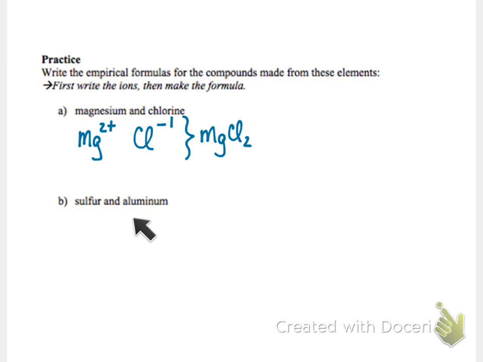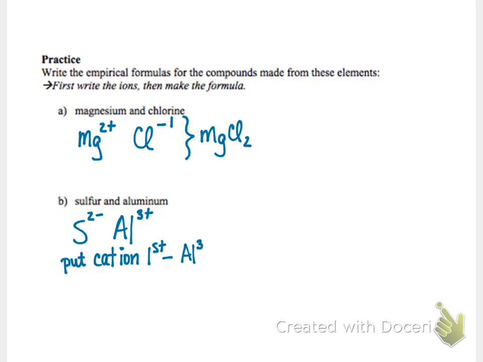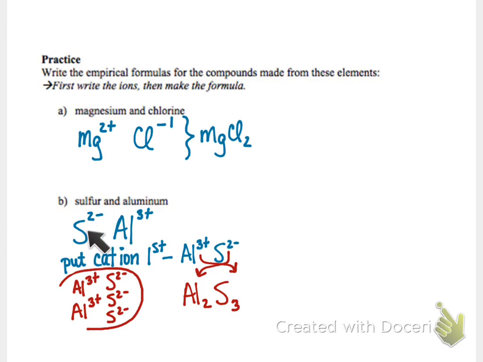Okay, sulfur and aluminum, a little bit different. I did something a little bit different here. First, find sulfur and aluminum on the periodic table. So sulfur is -2 and aluminum is +3. But remember that the cation has to go first. So the first thing I would do is swap them around.